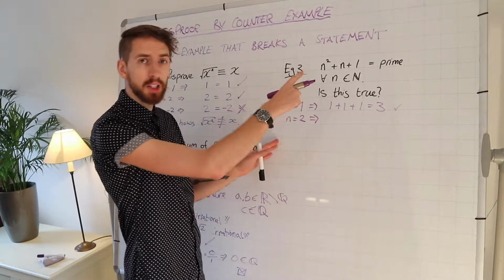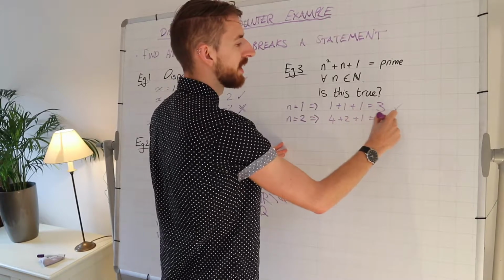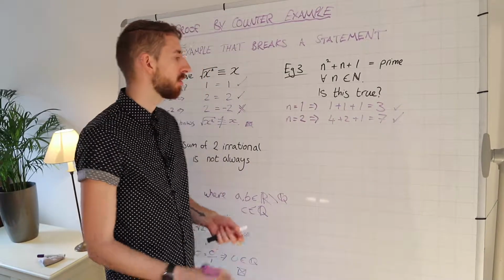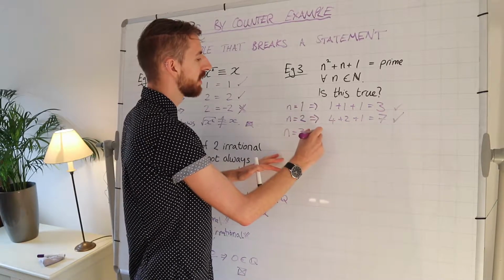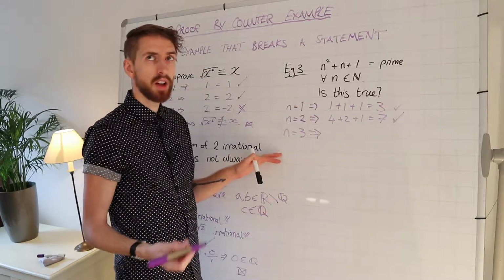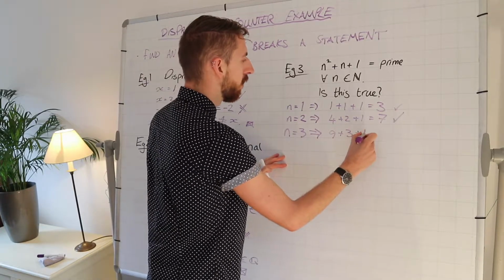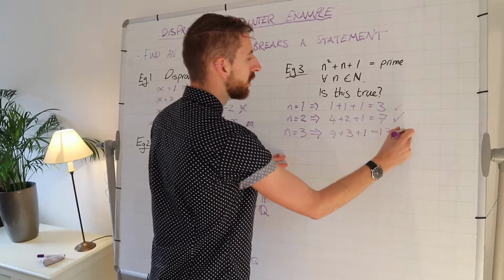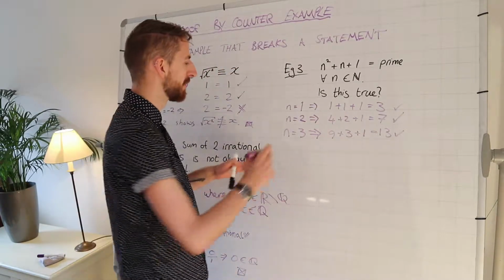This implies 2 squared is 4, plus 2 plus 1 is 7. That's showing that it's correct again. Now let's try n equals 3. This implies 3 squared is 9, plus 3 plus 1 equals 13. True. Might be useful to get a list of prime numbers at this point.